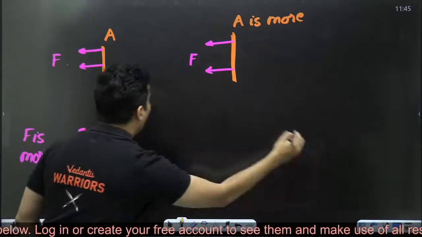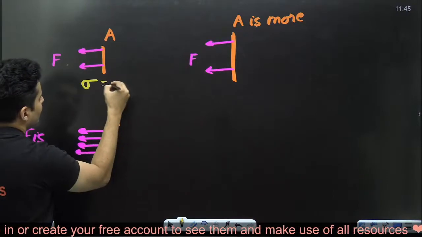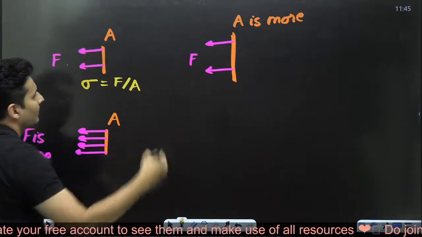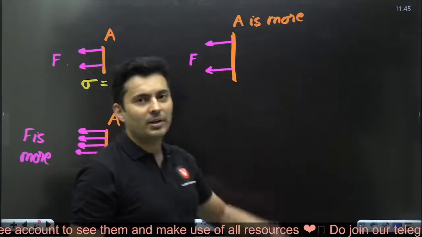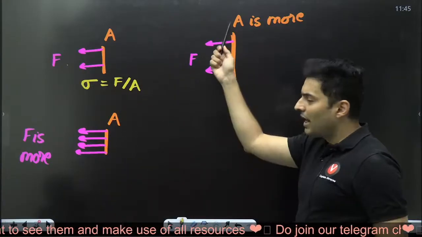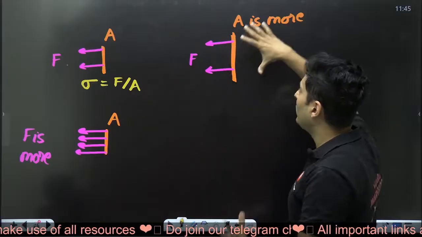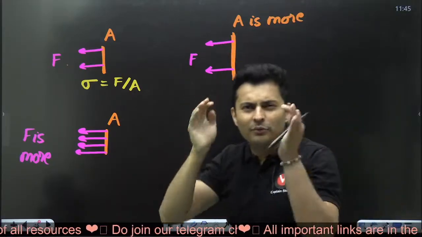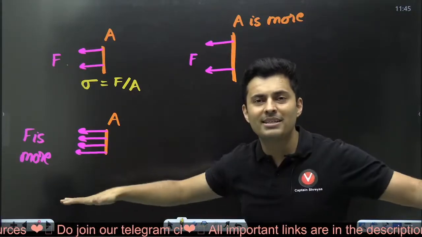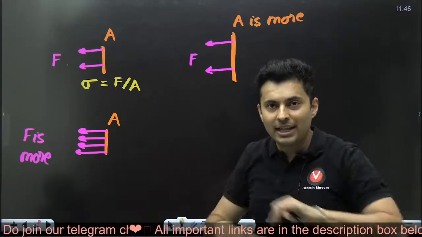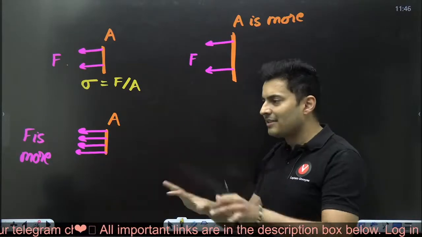Here if I call the stress sigma, which is F by A, can you guess what will happen to the stress over here? Will it be higher or will it be lower? Because the same force is now applied on a large area, the distribution has been spread out on a larger area, so the intensity has reduced.